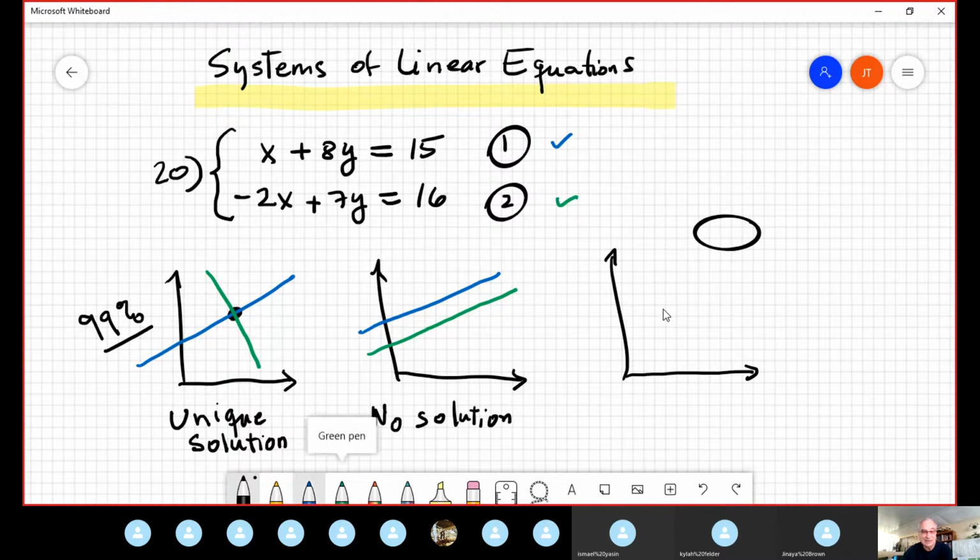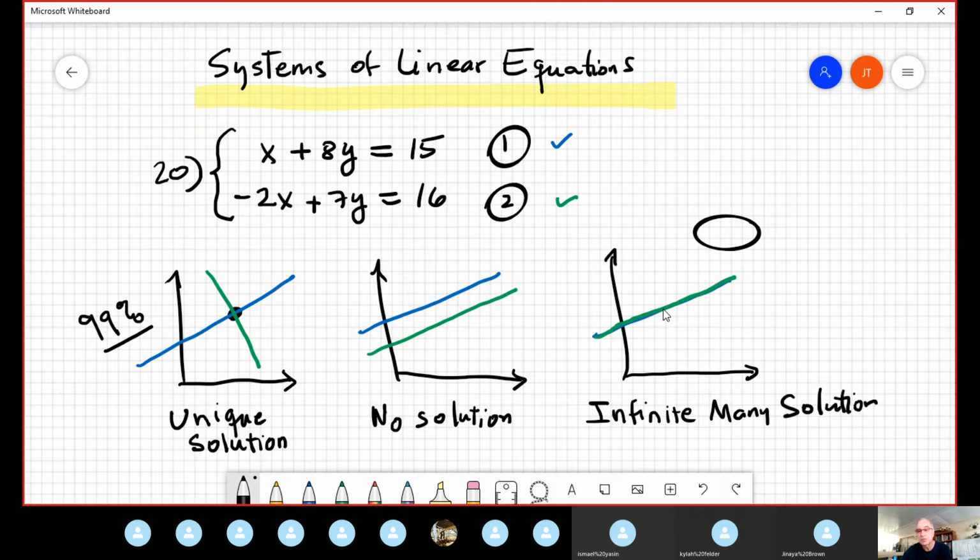And the last possibility is that equation 1, the blue, and equation 2, the green, are exactly the same. They are coincident. This situation sometimes happens, and then we have infinitely many solutions.